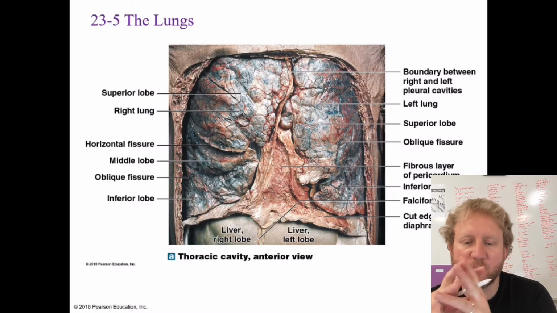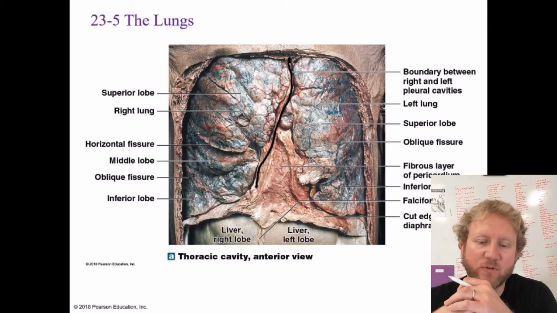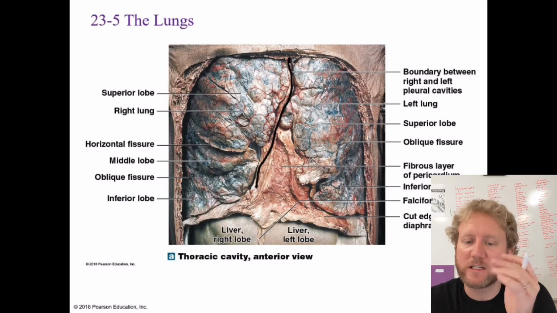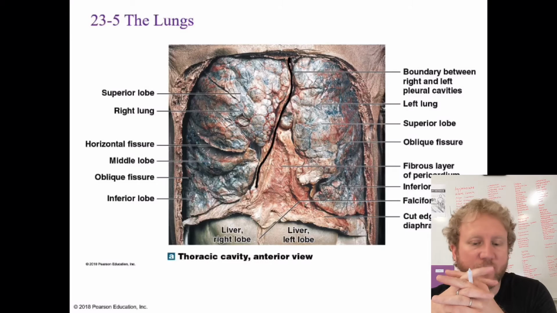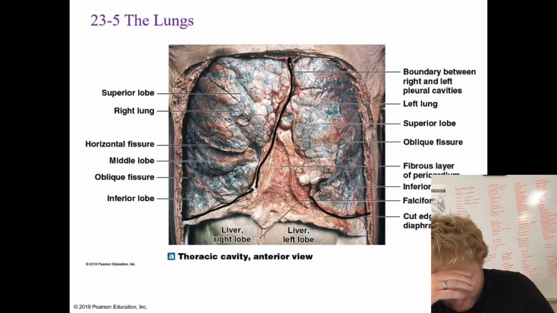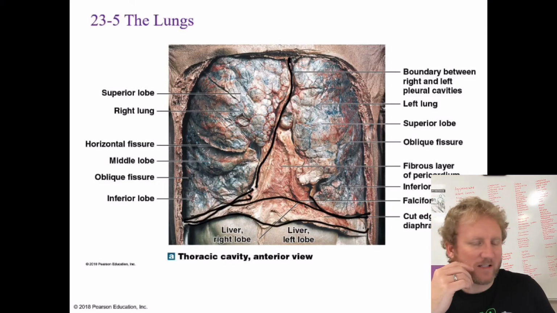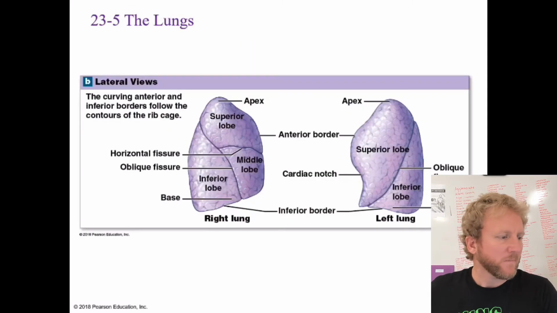Those are both in left and right pleural cavities, and you can see this tissue right here, which is actually a boundary that separates the pleural cavities into two separate left and right pleural cavities. And then the inferior portion, also known as the base of the lungs, right here, sits on a thin shelf of muscle that's called the diaphragm. So that's what sits like here-ish or so.